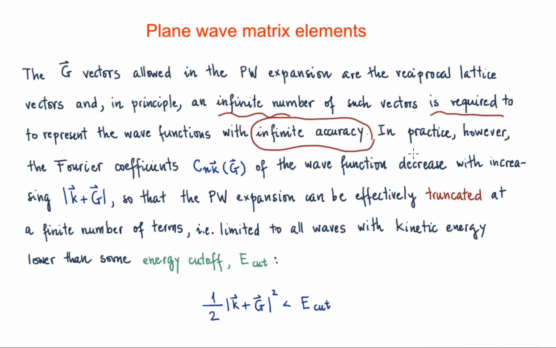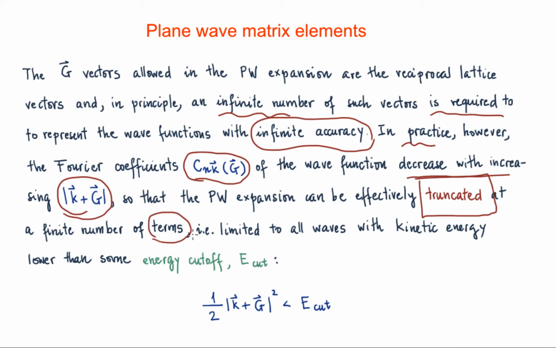But in practice, and this is important, the Fourier components of the expansion of these Kohn-Sham equations decrease with increasing modulus of k plus G. So for higher G, the coefficients decrease, so that the plane wave expansion can be effectively truncated at a finite number of terms.